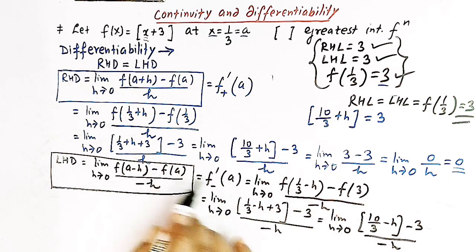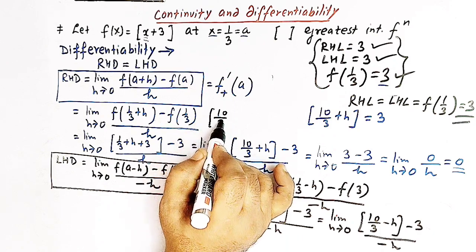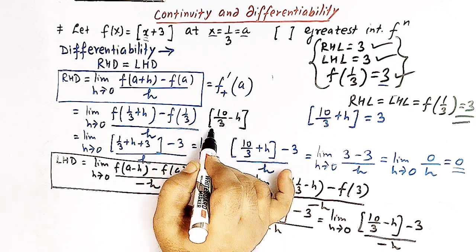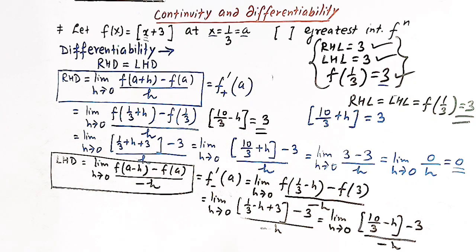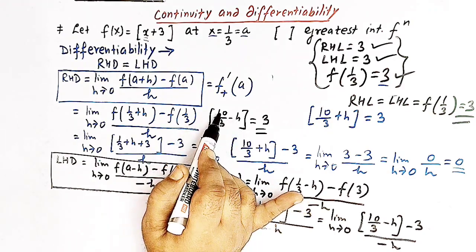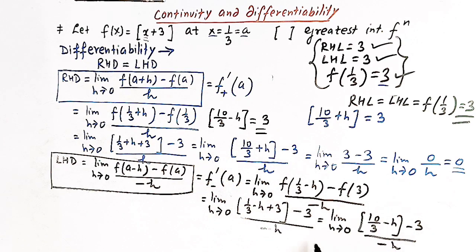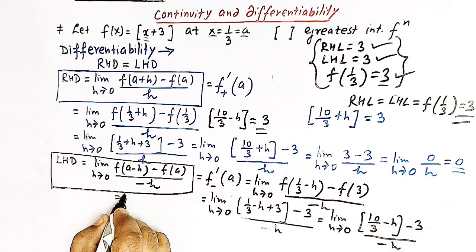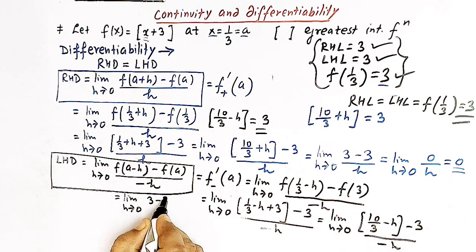So we have seen that the value of the greatest integer of 10 over 3 minus h is equal to 3, right? While proving the continuity, we saw that the greatest integer of 10 over 3 minus h is equal to 3. So now we can write limit h tends to 0, and this is 3, so we have 3 minus 3 over minus h.